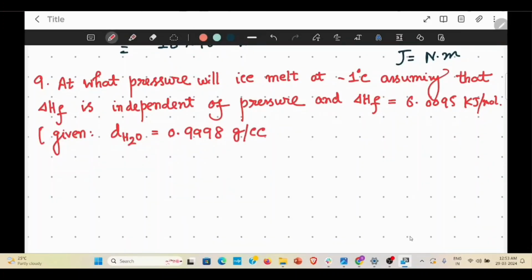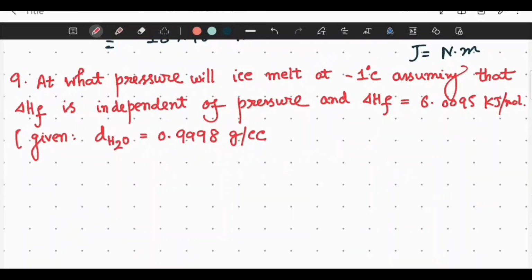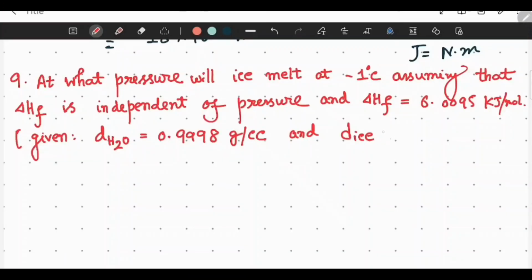If this value is not mentioned in the question, then we will assume that the density of water is 1. But here the explicit value is mentioned. And the density of ice is also mentioned. Density of ice is given as 0.9170 gram per cc. These values are given.